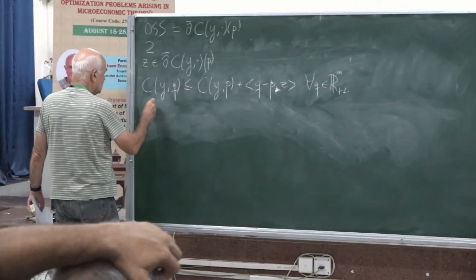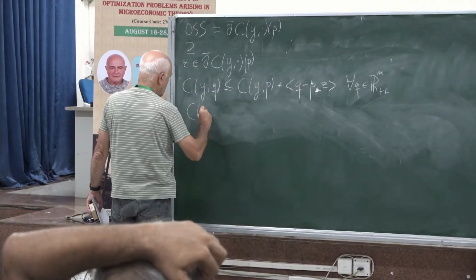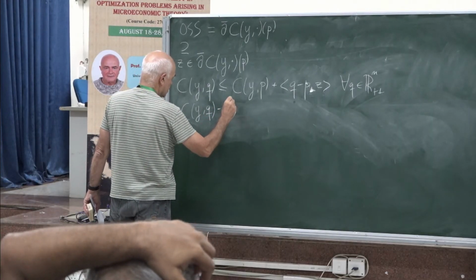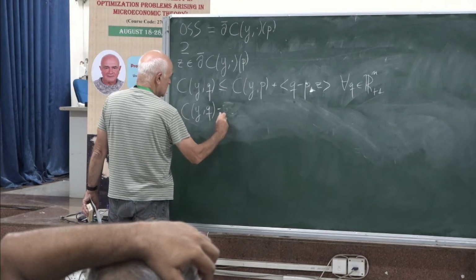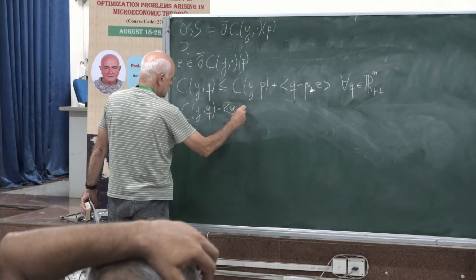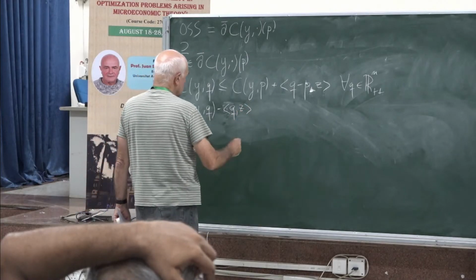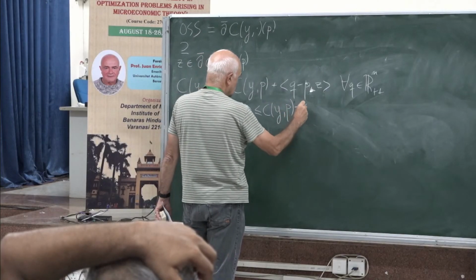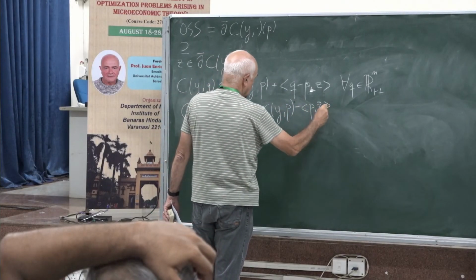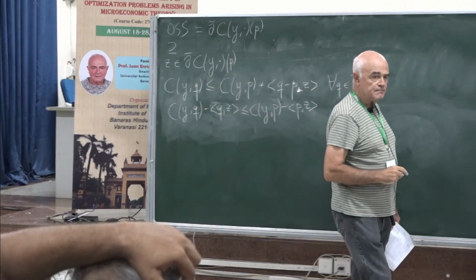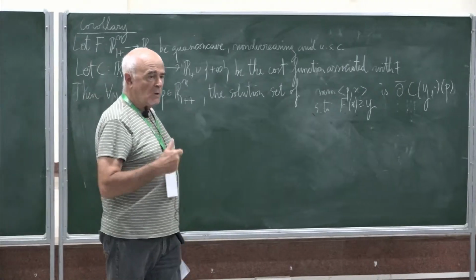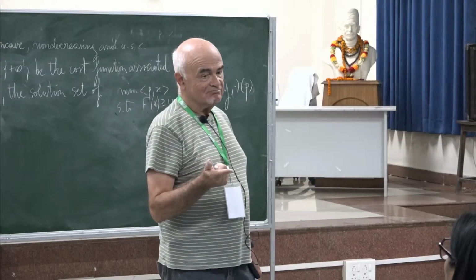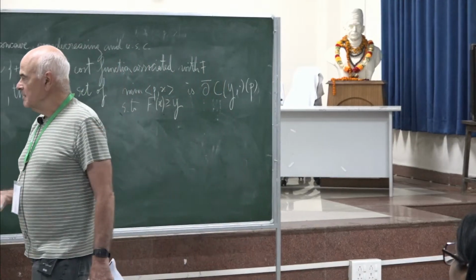Moving one term to the left-hand side, the term depending on q. Okay? And now I can use an argument I have already used. Exactly.